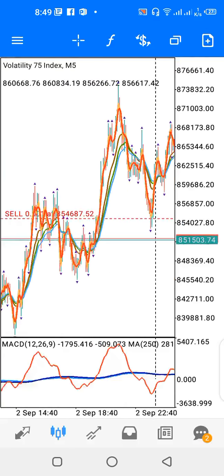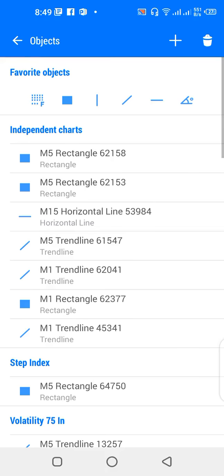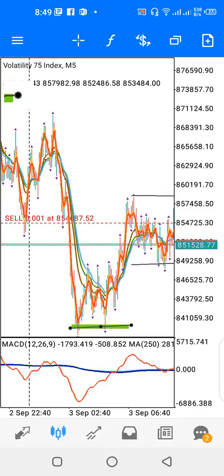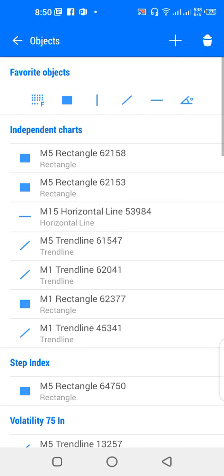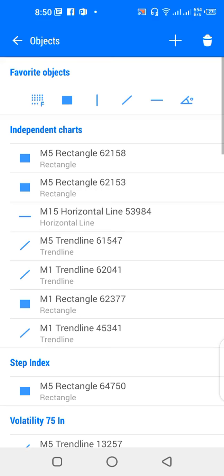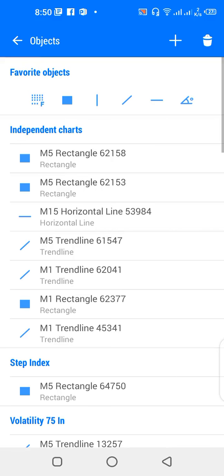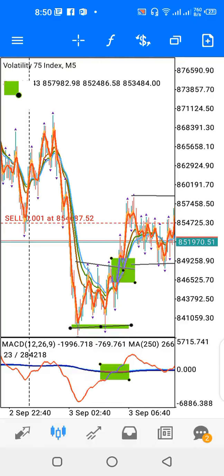Excuse me, where was I? Around here you have another range. This is the range bottom, and this is the range top. I can see breakouts align with the breakout on the lower time frame.